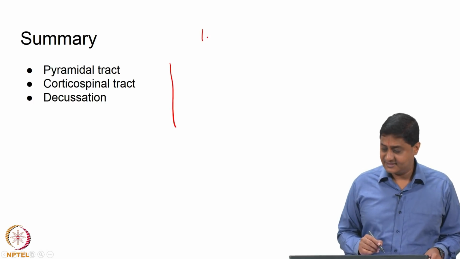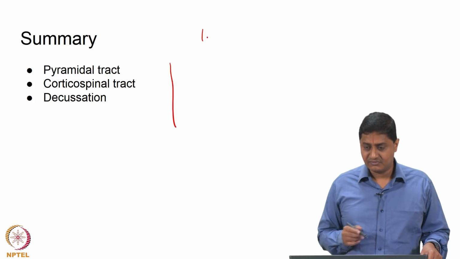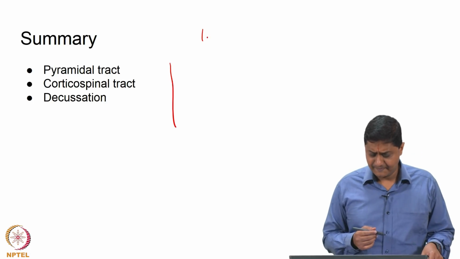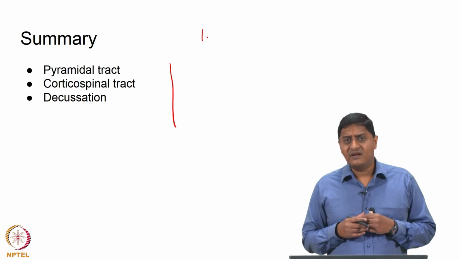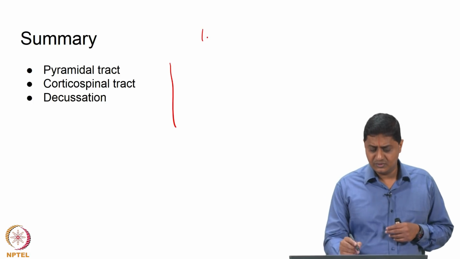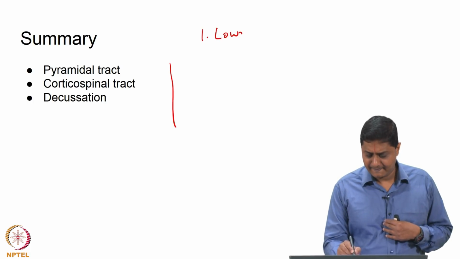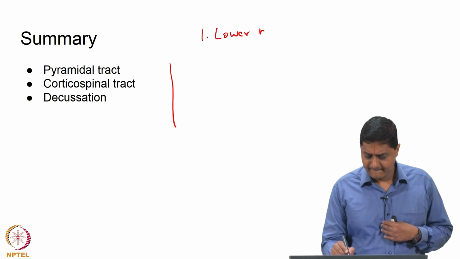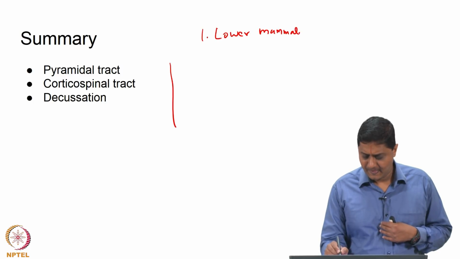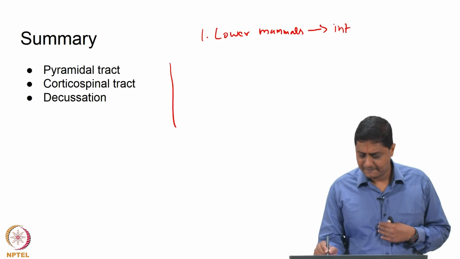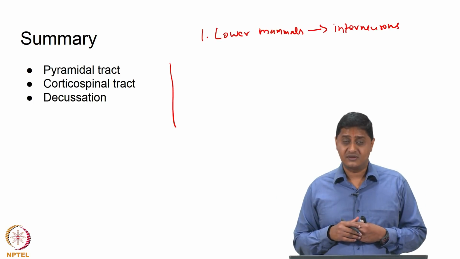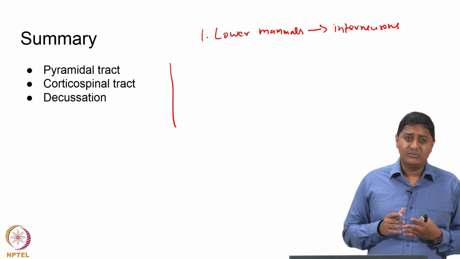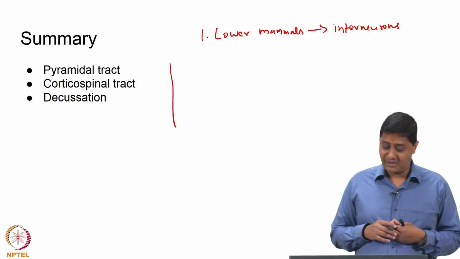In lower mammals such as rats, mice or even cats, for example, these corticospinal neurons almost always project onto interneurons. In lower mammals, projection is onto the interneurons, which further project to the motor neurons. There is very little direct motor neuronal synapse in lower mammals.